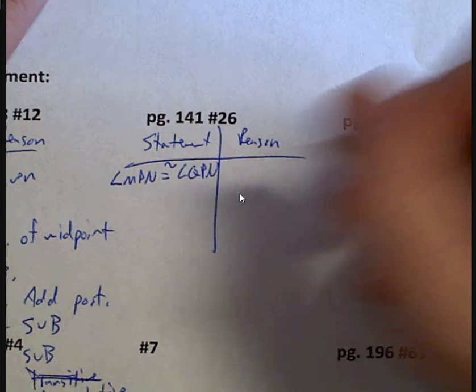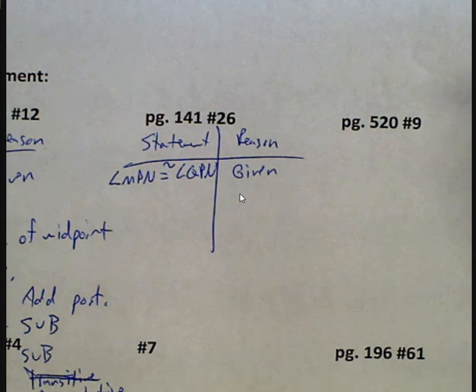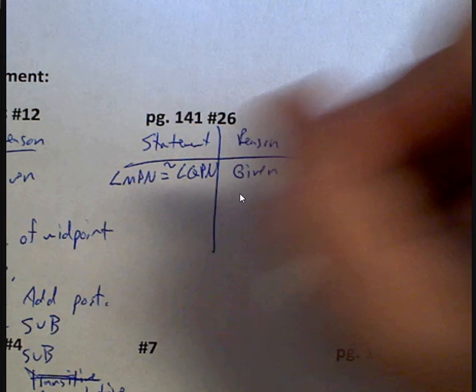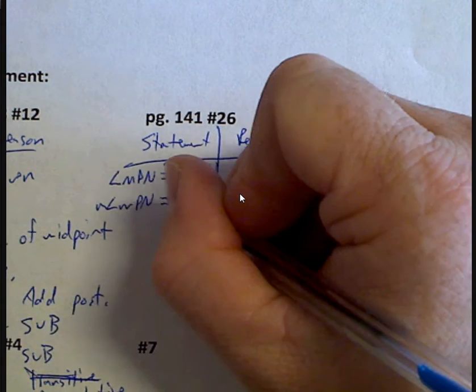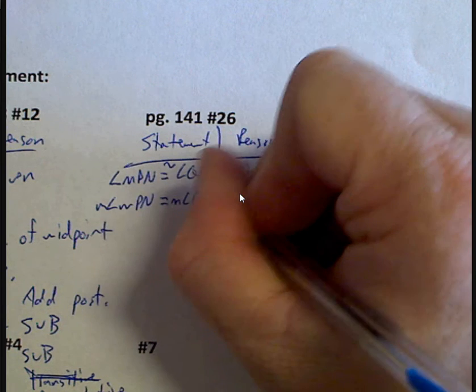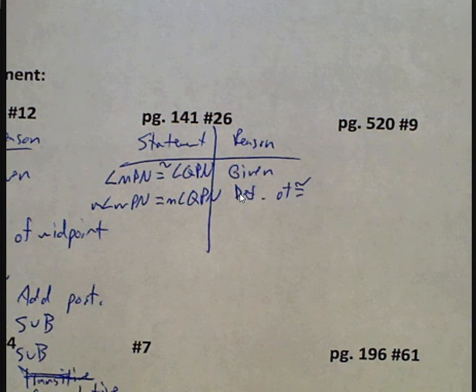Okay? That is given. So then I know that measure angle MPN has to equal measure angle QPN, and that's the definition of congruency.